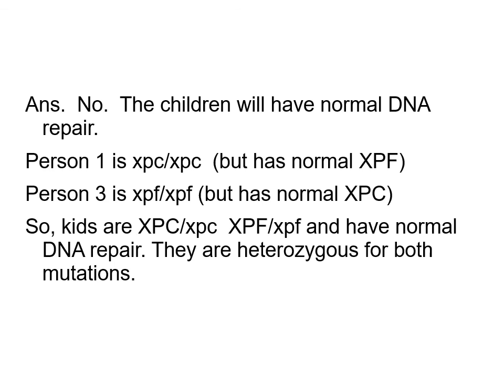XPF people have normal C and all the rest. So if you write the genotype of the kids, they're heterozygous for those 2 genes, meaning that they've got a wild type for each one. So the kids are big C, little c, big F, little f, and they have normal DNA repair. Right? This is a classic case of complementation because the genes that are causing the disease are different in the 2 parents.